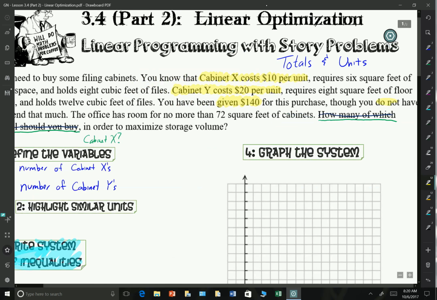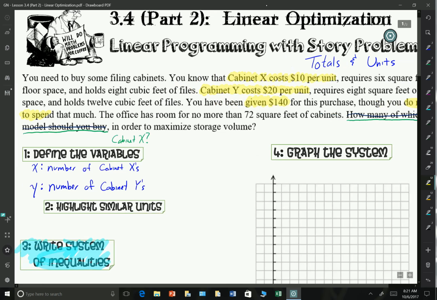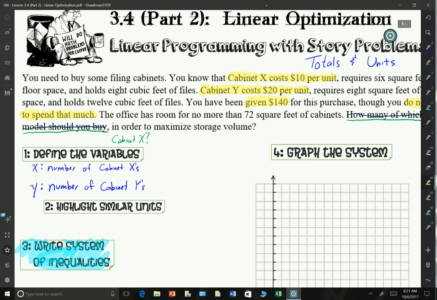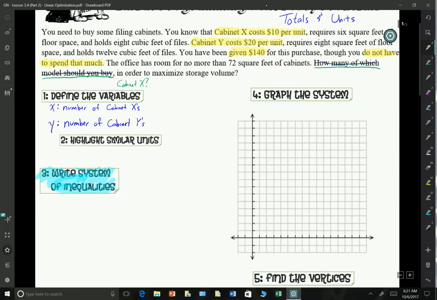It's the total, but you do not have to spend that much, correct? So you have the units and you have a total, so you have an inequality, don't you? So what should I write that inequality as? Well, less than or equal to what? Less than or equal to 140. Well, I need the other side.